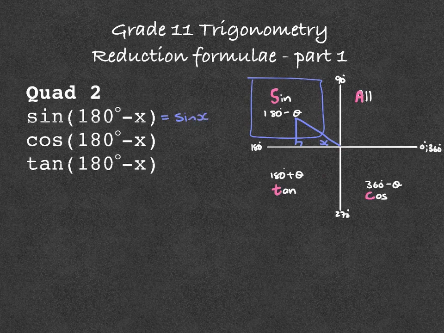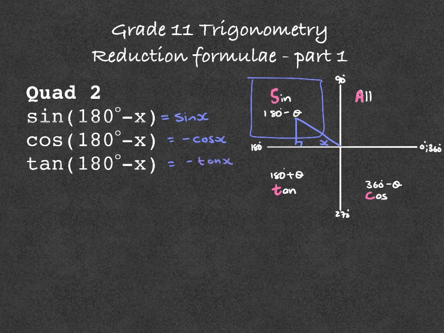You're going to get cos of 180 minus x, which is going to be a negative cos ratio, the cos x's ratio there would be negative. And then tan of 180 minus x will have a negative tan ratio.